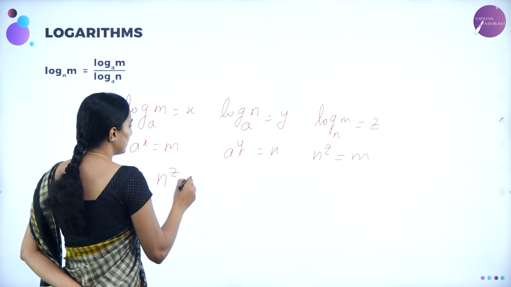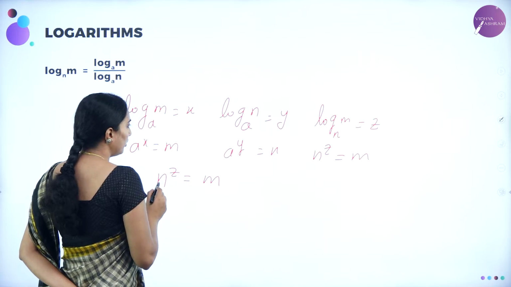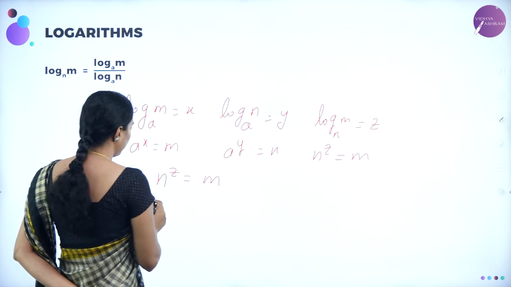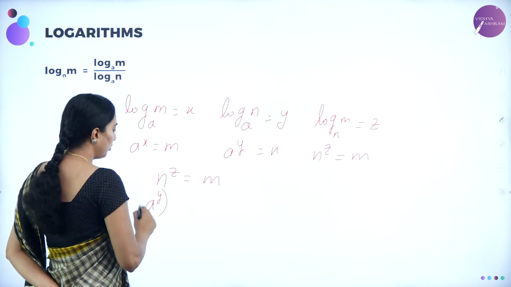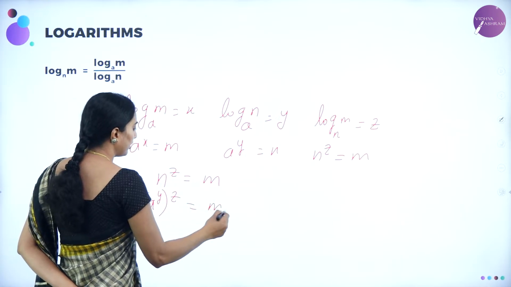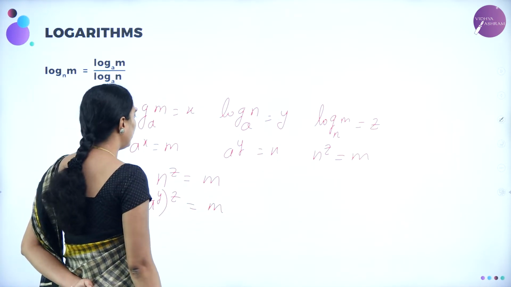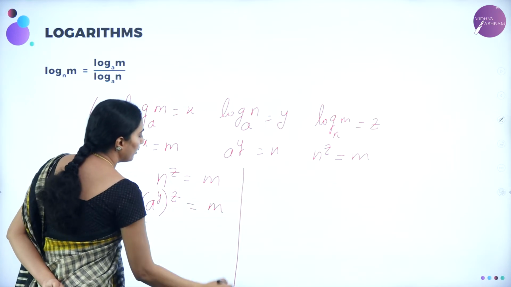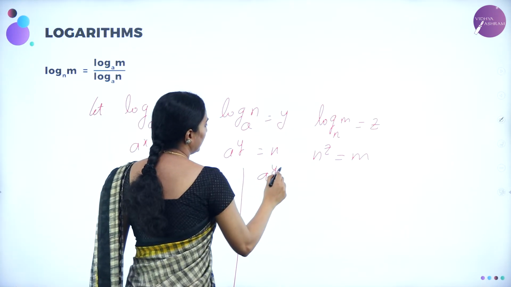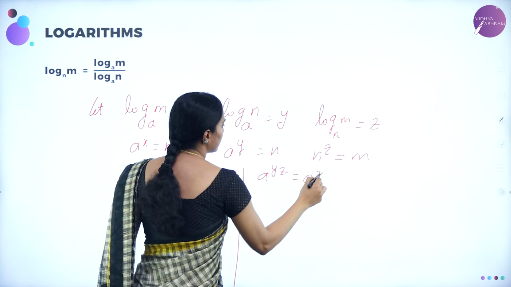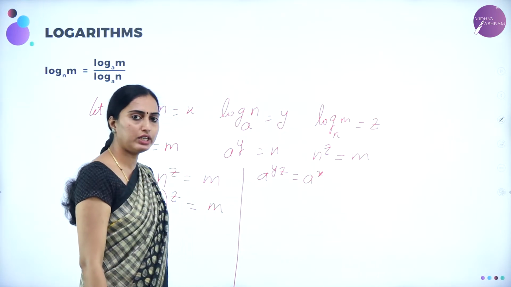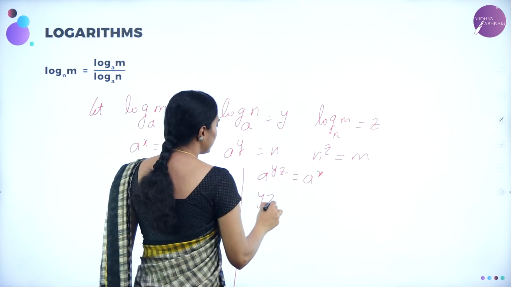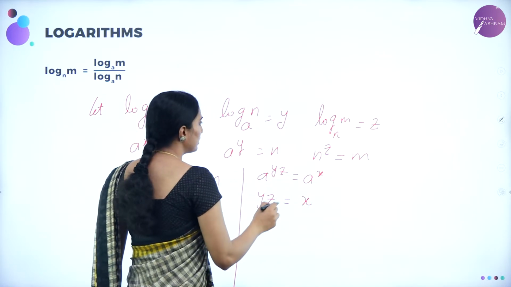Now let me take that one. N power z is nothing but m. Now we already know n is nothing but a power y. Let me substitute. A power y whole power z is nothing but m. Correct? Now m is nothing but a power x. Let me substitute that also. Therefore, a power yz is equal to a power x. Now bases are same, I can equate the powers. So y into z is equal to x. Now what is y? What is z?